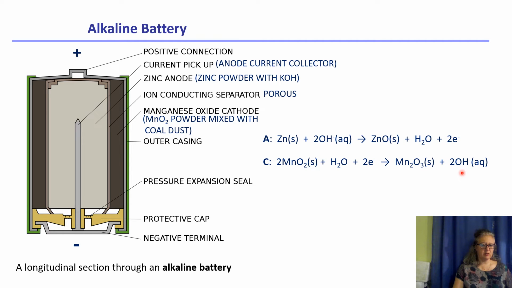This is an example of non-rechargeable batteries, and these reactions take place in the above direction. Once all the manganese 4 oxide has been converted into manganese 3 oxide, the reactions stop and the battery no longer produces an electric current.